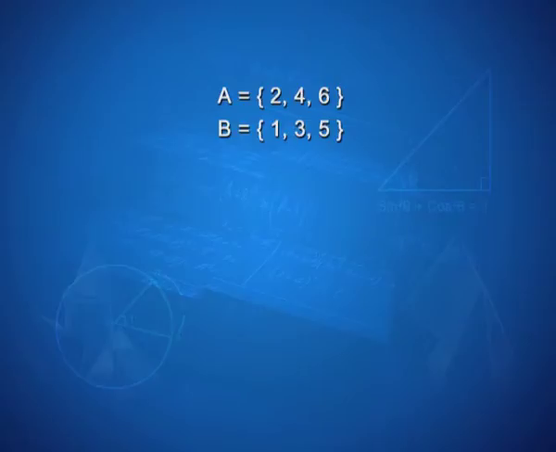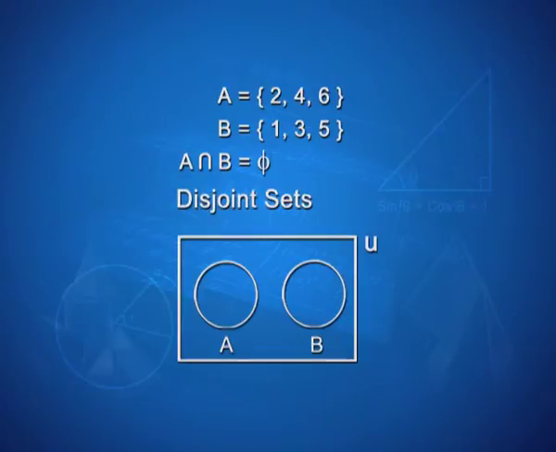But here we can observe that set A and set B do not have any common element. So, mathematically we can say that A intersection B is phi. Such sets in which the intersection of two sets comes out to be a null set are called disjoint sets. Diagrammatically, it can be represented like this.